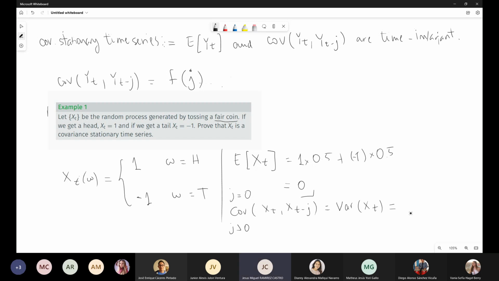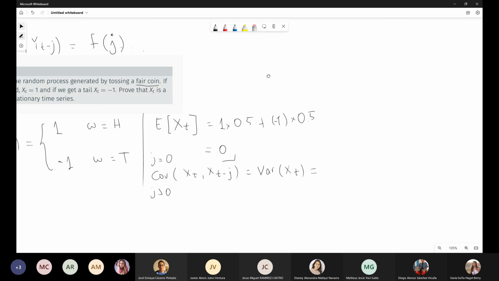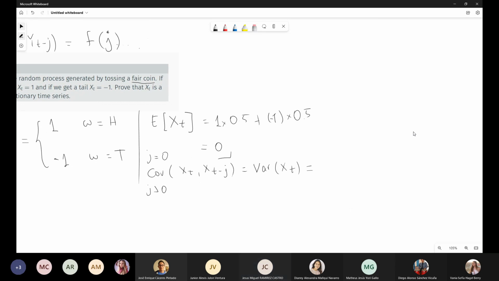What is the variance of xt? Okay, the definition of variance is the expected value of xt square minus the square of the expected value of xt.